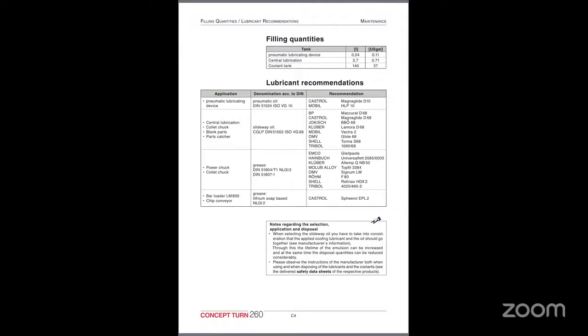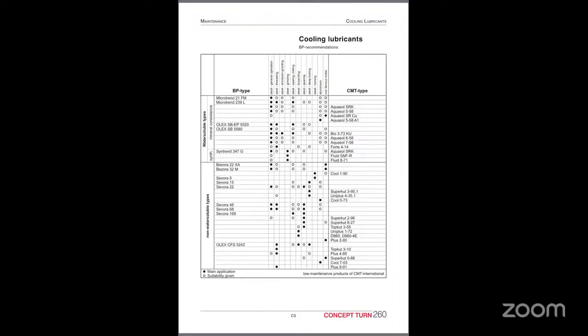If you use the wrong oil, accuracy loss will occur and servo load will increase. Coming to the cooling lubricant, when you select it, consider the material type, cutting speed, tool type, and environment. Emco recommends using chlorine-free coolants.